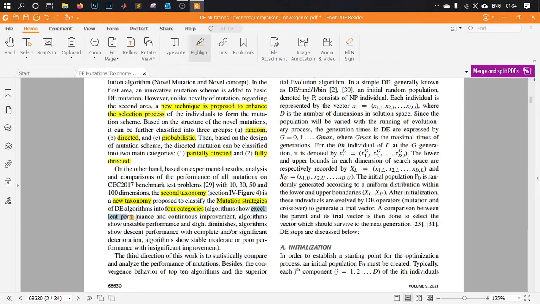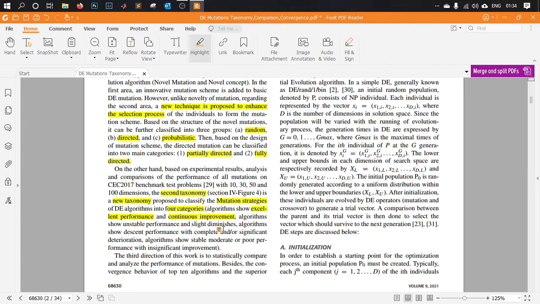Those categories are excellent performance, continuous improvement, algorithms show unstable performance and slight diminishes. Algorithms show decent performance with complete or significant deterioration. Okay. Algorithm shows stable, moderate, or poor performance with insignificant improvement.